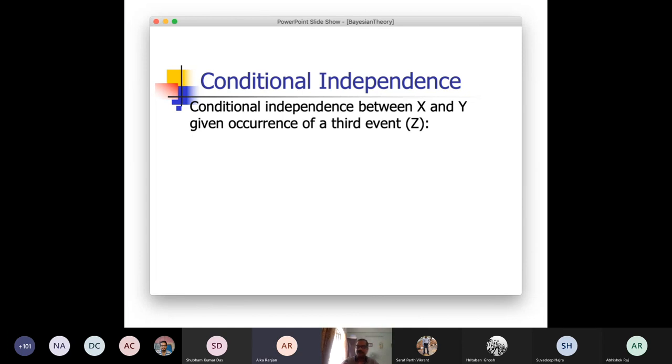But conditional independence is that they are dependent on some random variable, but if you are given a value of that random variable, then these two random variables act like independent random variables. That is the kind of conditional independence.